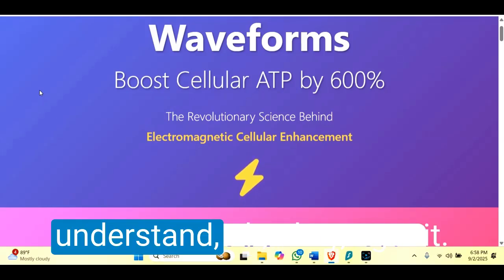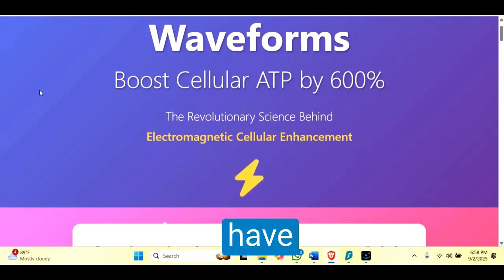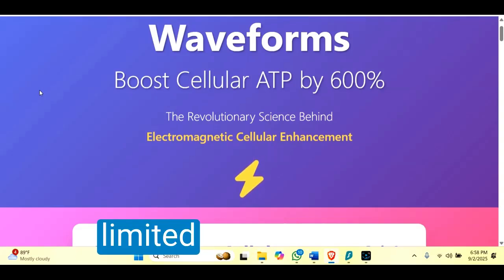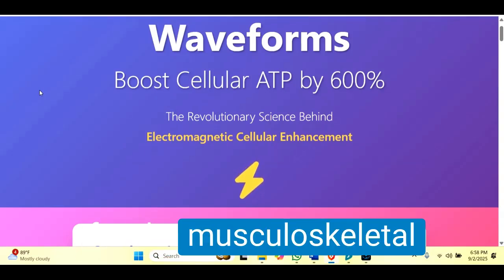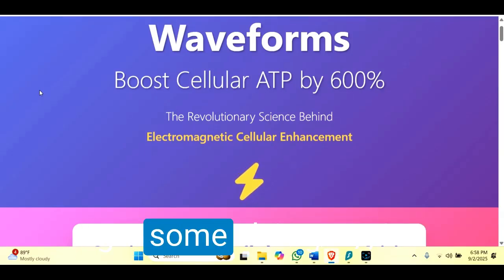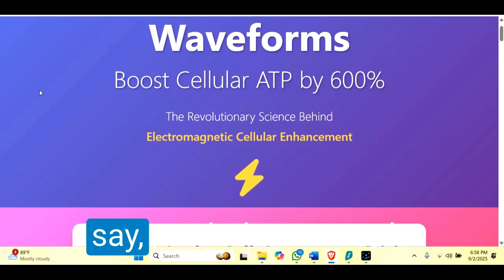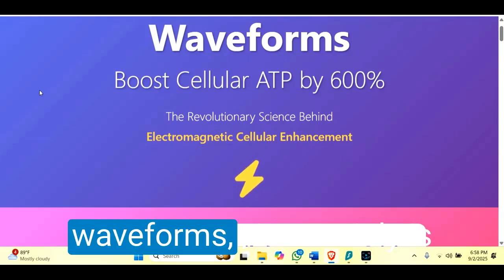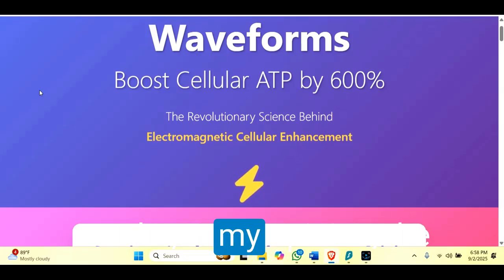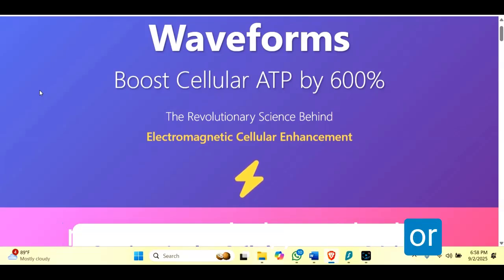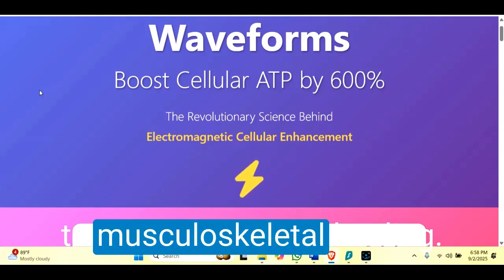You'll then understand, okay, I get it, it does have some effect, but it's very limited. So we can use the term therapeutic for the musculoskeletal component. And even while you can get some changes in the right direction with those waveforms, in my opinion it is not the recommended, ideal, or optimal waveform to use, even when it comes to musculoskeletal healing.